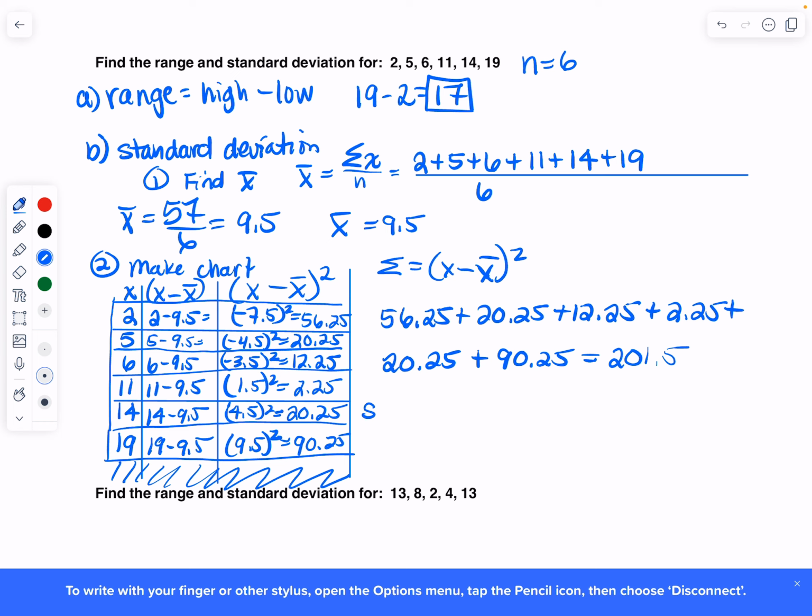Now I've got to complete the standard deviation formula. I'm going to take the square root of the sum of x minus x bar squared, which we found to be 201.5, over n, which is 6, minus 1. So standard deviation equals, I'm going to take 201.5, divide that by 5 first, and when I do that, I get the square root of 40.3.